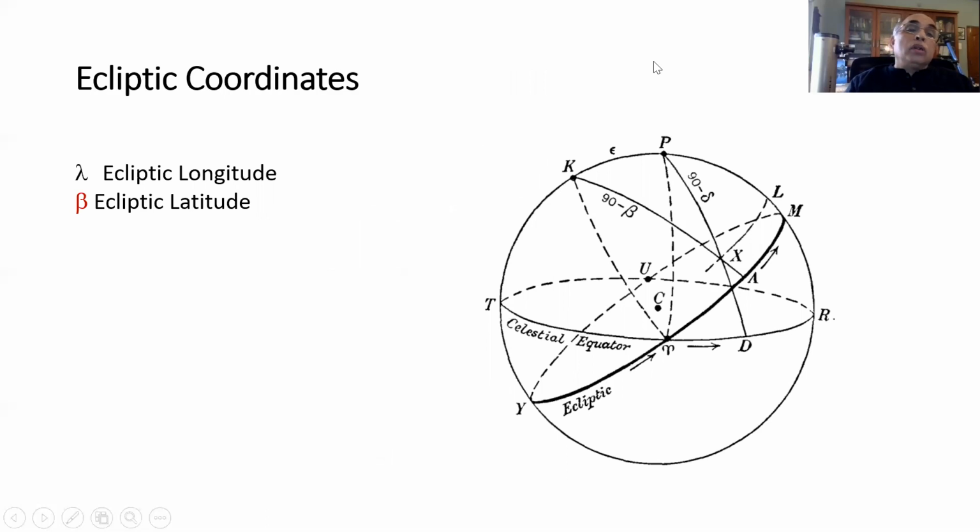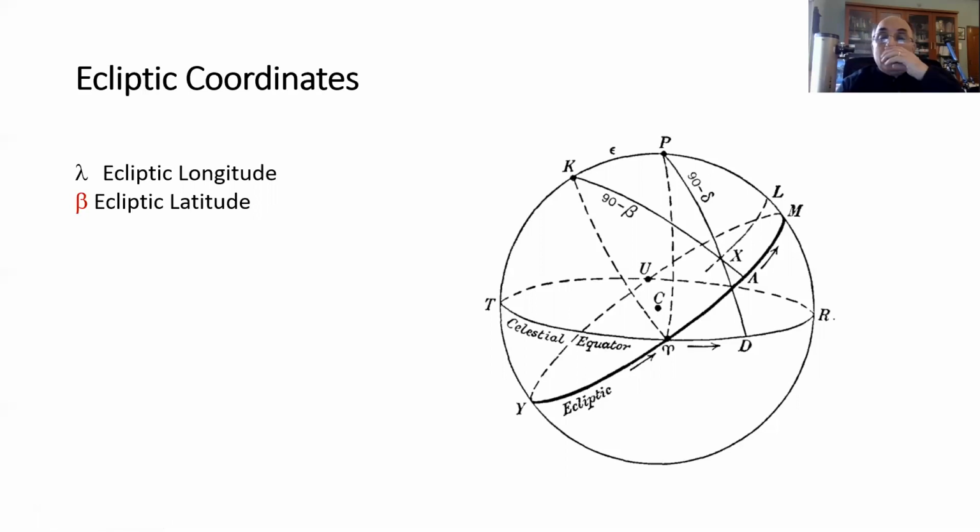Coming to the next coordinate system, it's the ecliptic coordinate system, in which we use the ecliptic plane as the reference plane. The ecliptic plane, as I mentioned, is the plane in which the planets are moving around the sun, or from Earth, it is the plane where the sun appears to be moving.